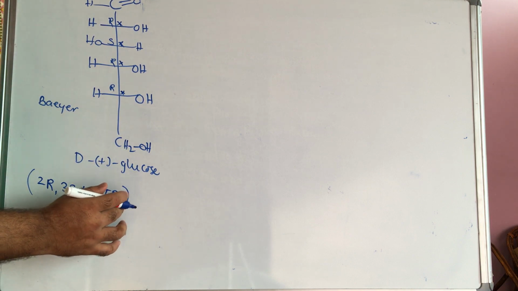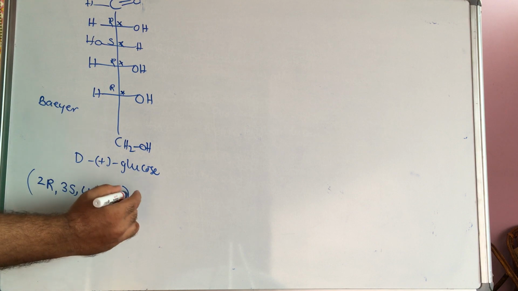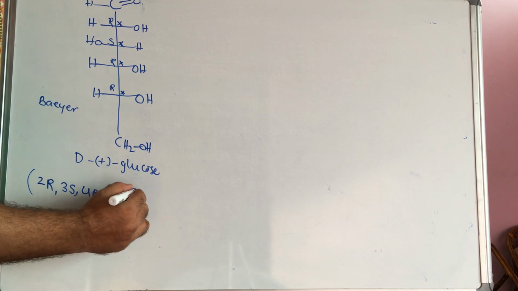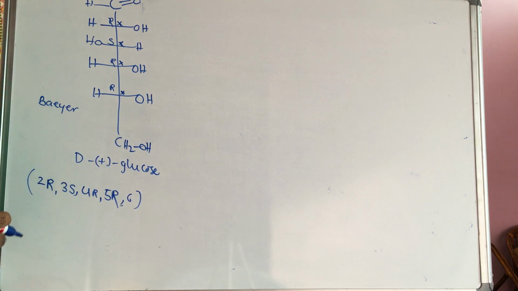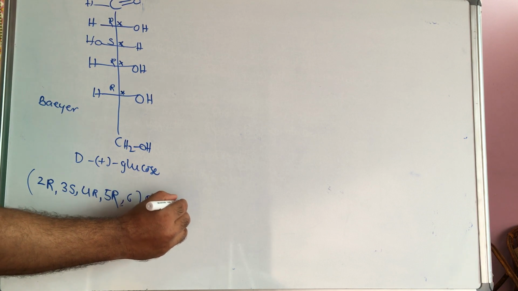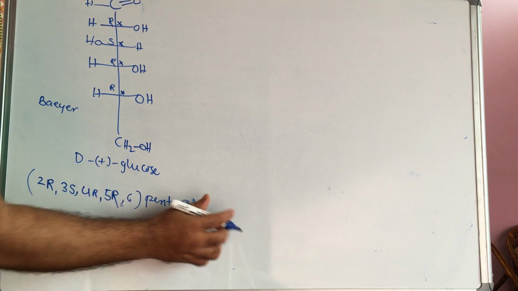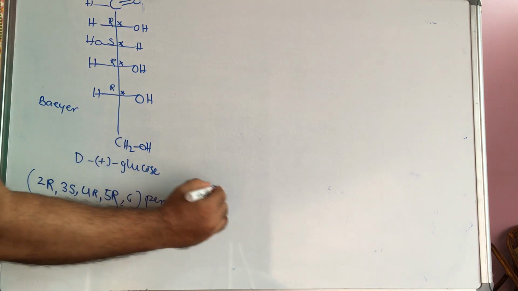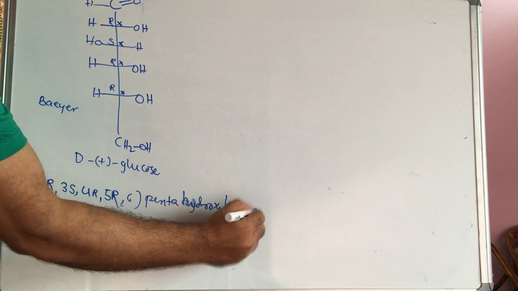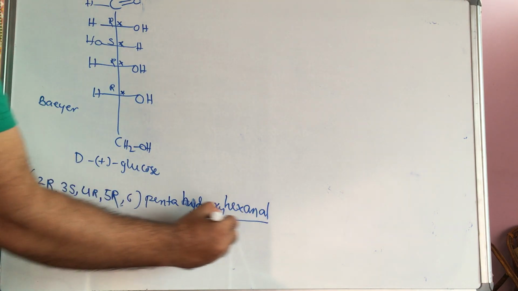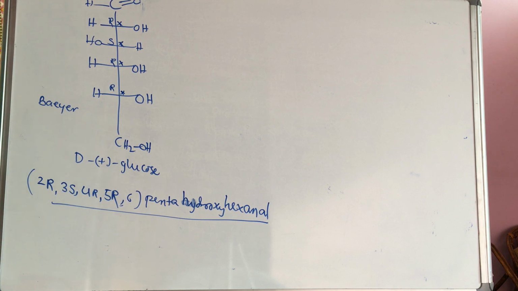And next, this carbon is not chiral, and then it is the sixth. Total how many hydroxy groups are there? 1, 2, 3, 4, 5, penta-hydroxy. Total 6 carbons, hexane, the e is removed, and aldehyde group, that's why -al. This is the IUPAC name of this open chain structure proposed by Baeyer.